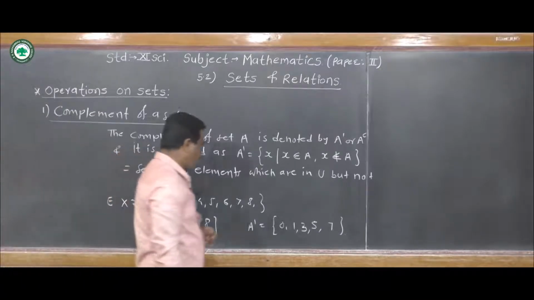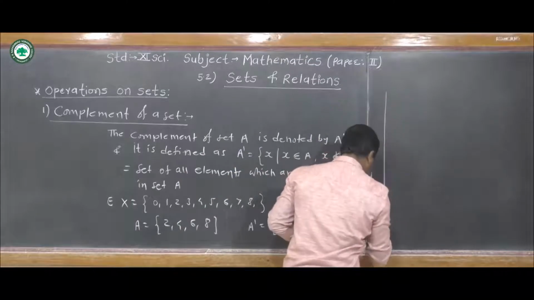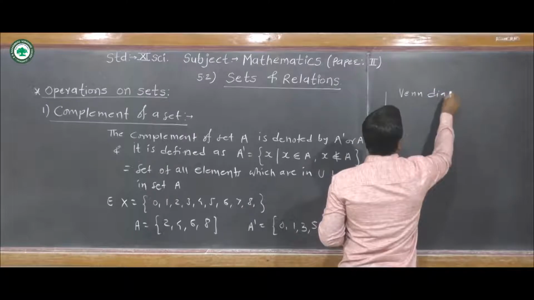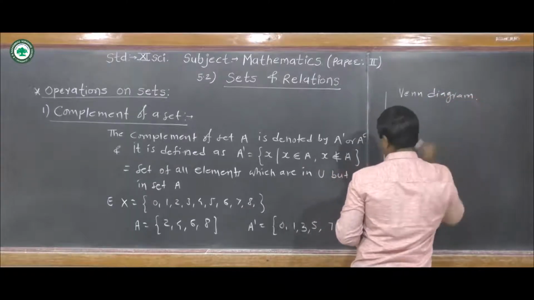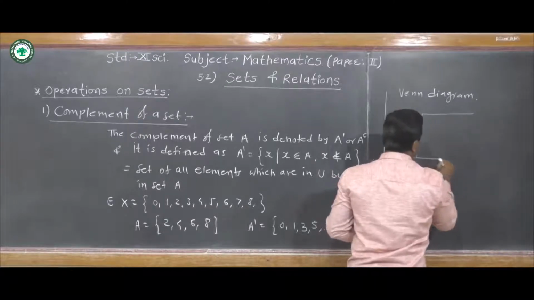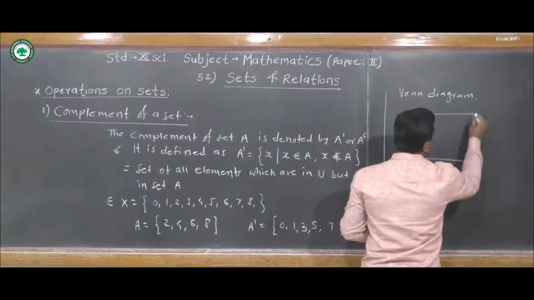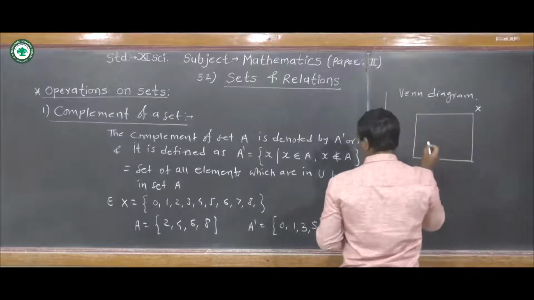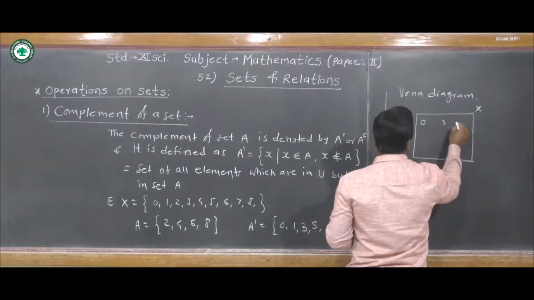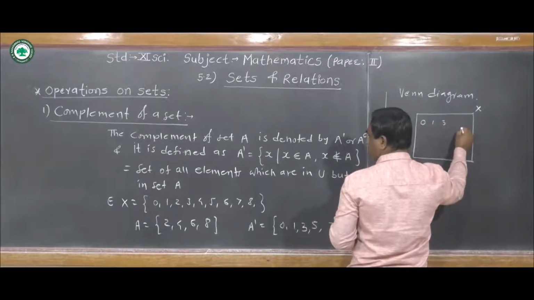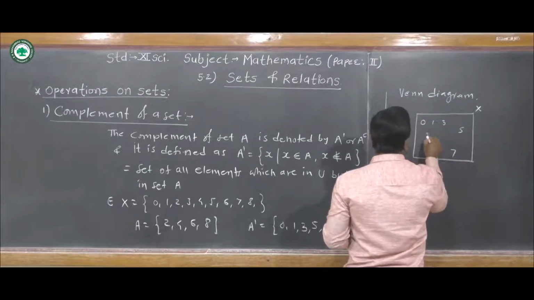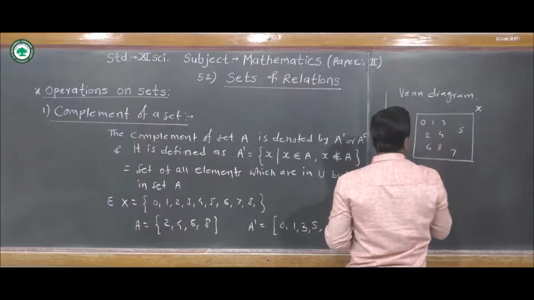Okay. Now we draw Venn diagram for this complement of set. This is the universal set U. This set contains elements 0, 1, 3, 5, 7, 2, 4, 6, 8.